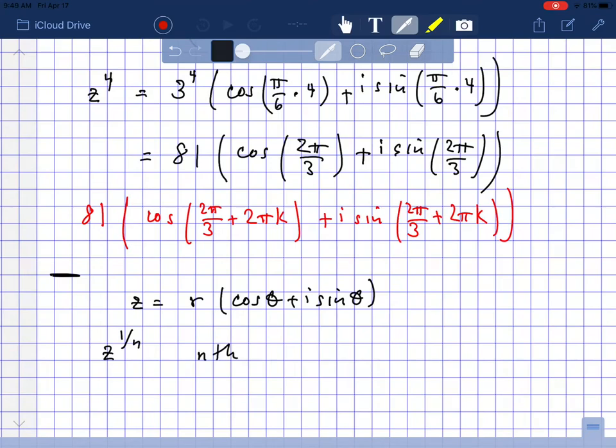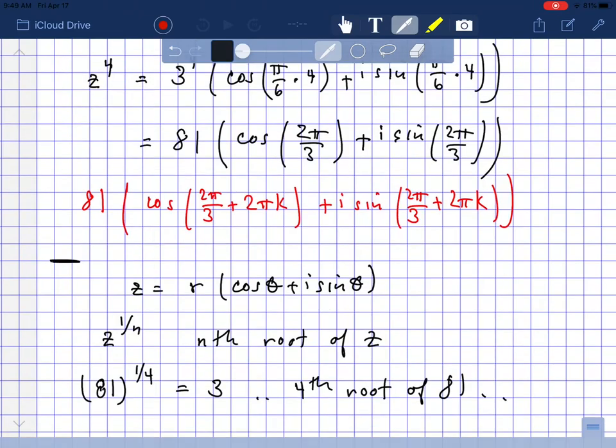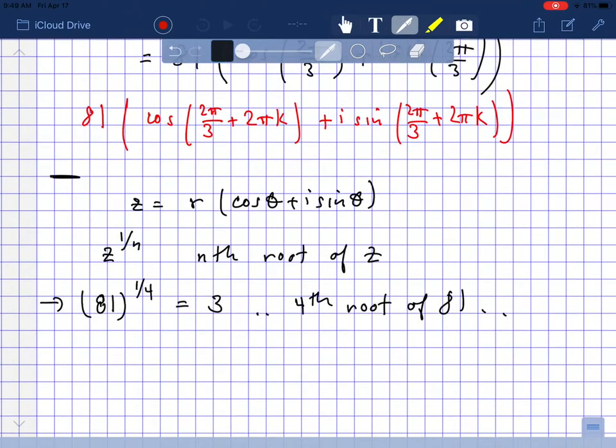So this is the nth root of z. This is a lot like with real numbers. If I had, let's say, the 4th root of 81, this is just equal to 3. Just as a reminder of how these roots are denoted.